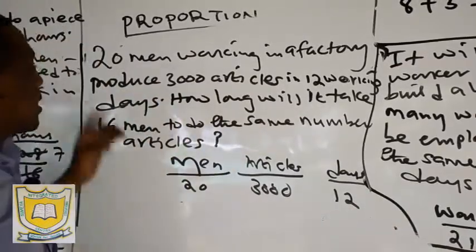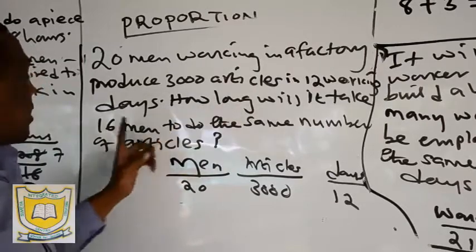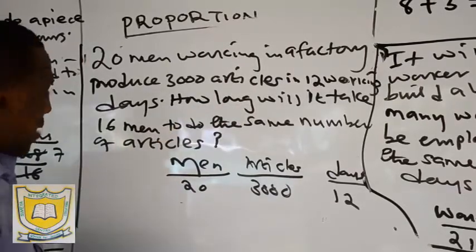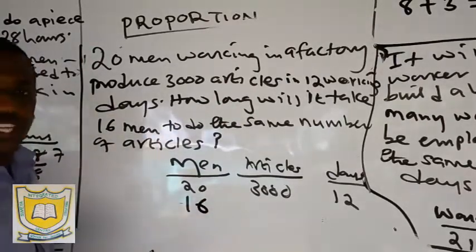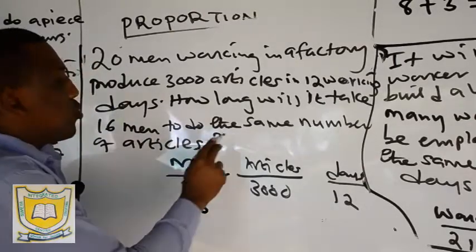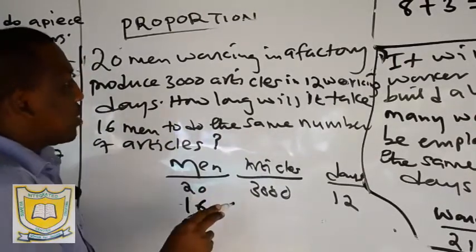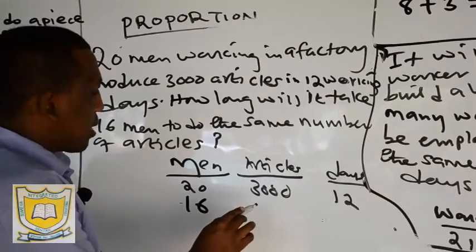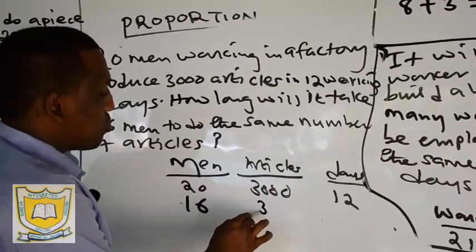Then the question is asking, how long will it take 16 men to do the same number of articles? Same number of articles means they are the same.